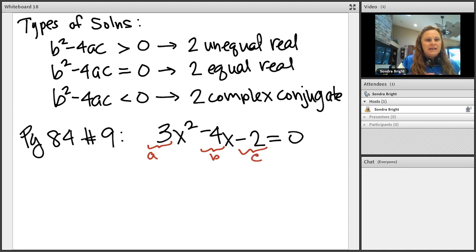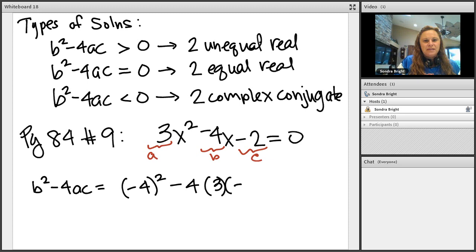And we're going to plug that into b squared minus 4ac. That would end up being -4 quantity squared minus 4 times a times c. You're going to make sure you include all those signs.